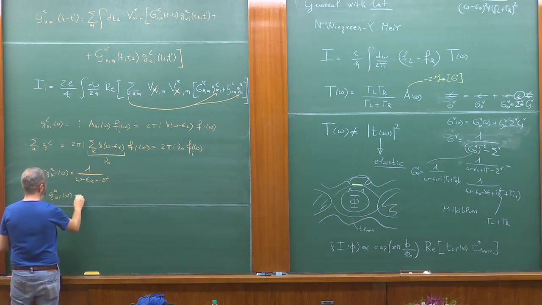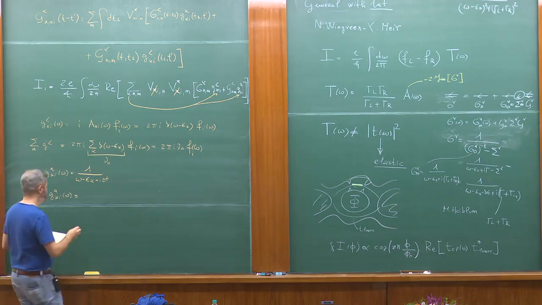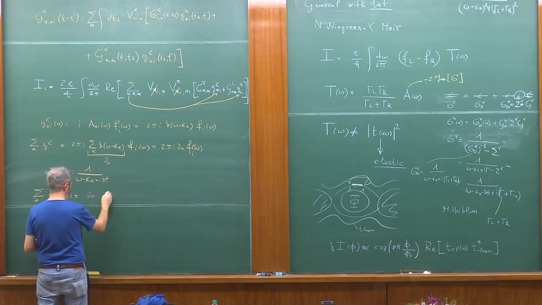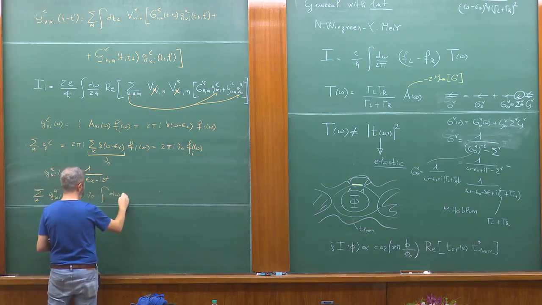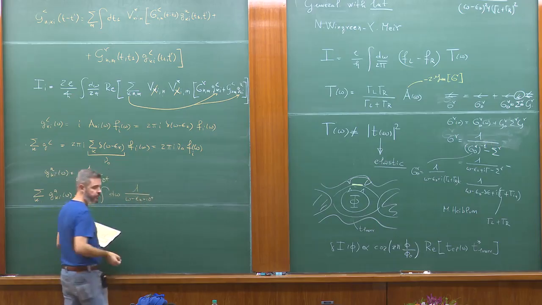What I do is pass from the sum to the integral. So I will have the density of states times the integral d omega of 1 over omega minus epsilon k minus i 0 plus.